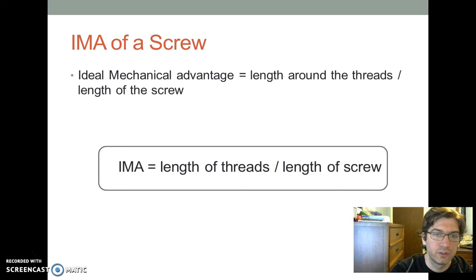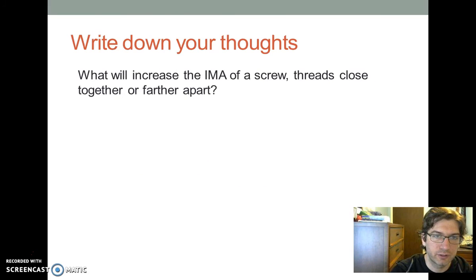the screw. So if I increase the length of my screw but keep my threads the same, then you can imagine those threads being very, very much spaced out, versus if I decrease the length of my screw and keep those threads the same, then they're going to be pushed together more. So you can think about it like that. So what will increase the ideal mechanical advantage of a screw?